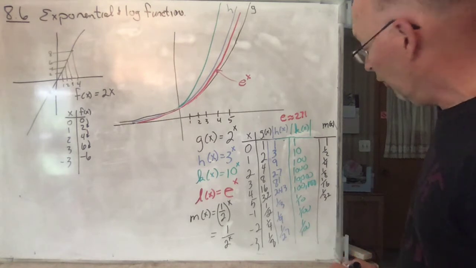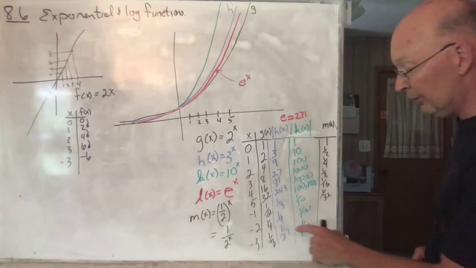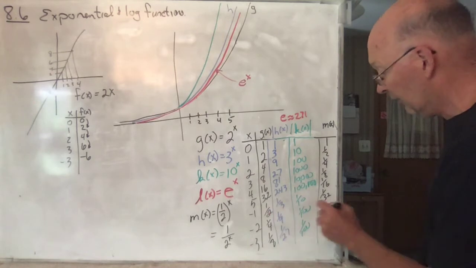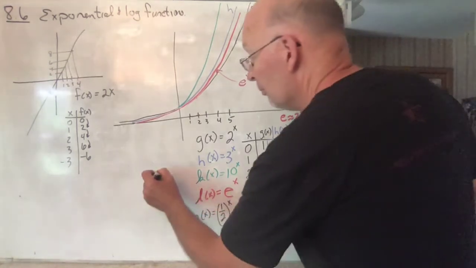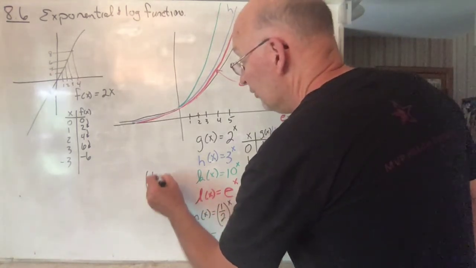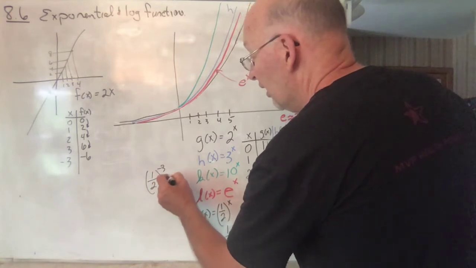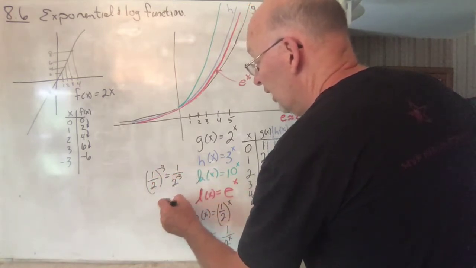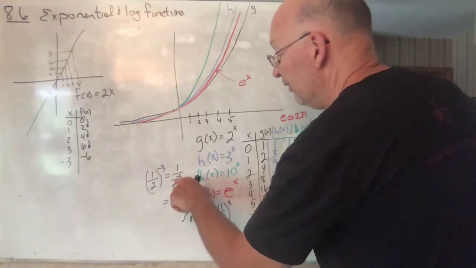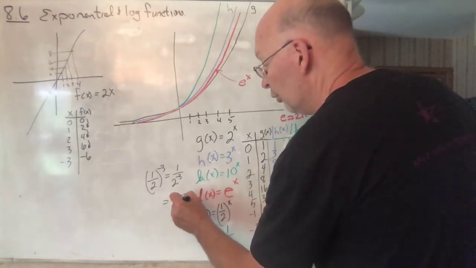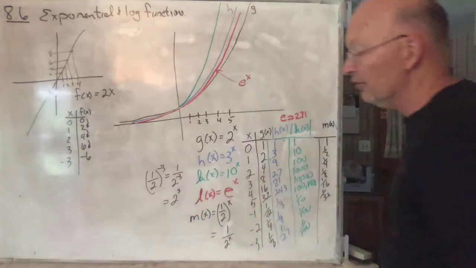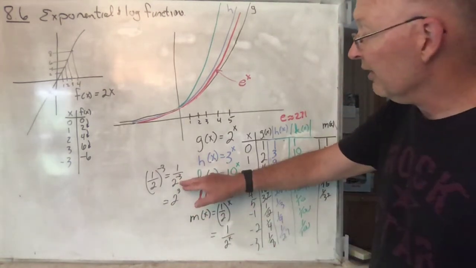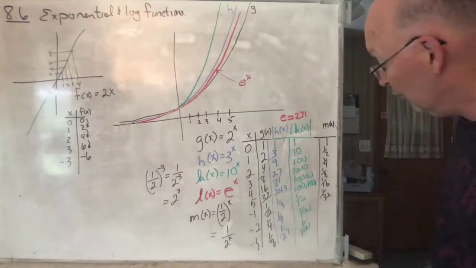And so 1/2 to the x, similarly, if I stick in a negative number, what's 1/2 to the -3? That's going to be 1/2 to the -3 power. And if you flip it over the line, then you change the sign. So 1/2 to the -3 is the same as 2 to the third.